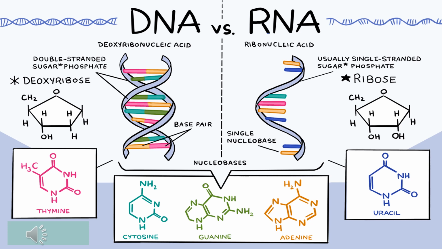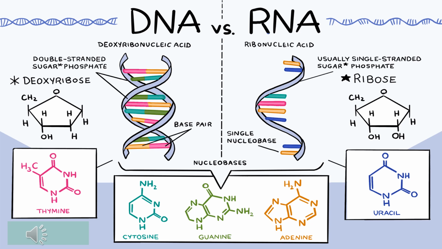While in case of RNA, we have cytosine, guanine, adenine, and uracil. Uracil is not present in DNA. In its place, we have thymine in DNA. While on the other hand, in RNA, uracil is present instead of thymine. So this is how they differ in bases.